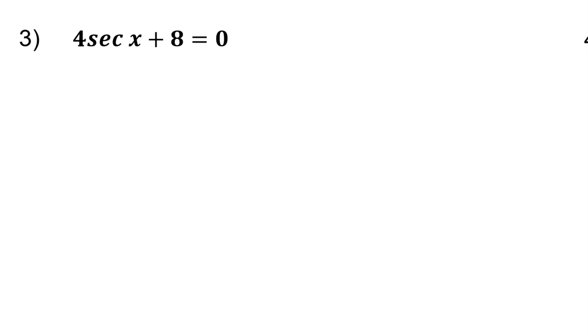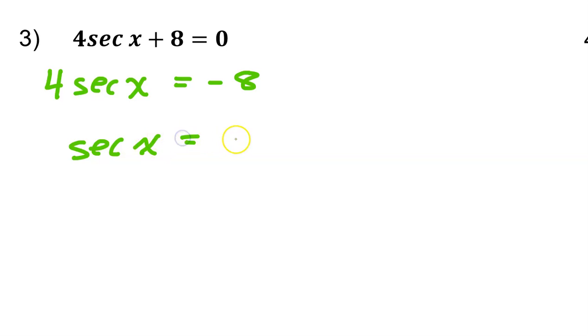Problem number 3. First, we have to get secant x by itself. So subtracting 8 from both sides, we have 4 secant x is equal to negative 8. Dividing both sides by 4, and we have secant x is equal to negative 2.